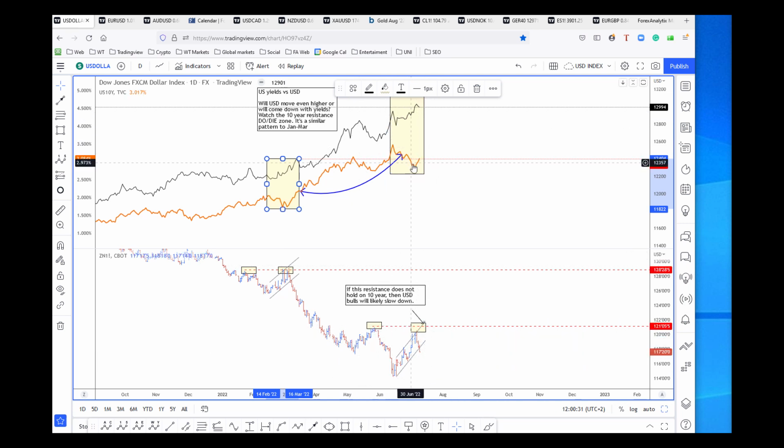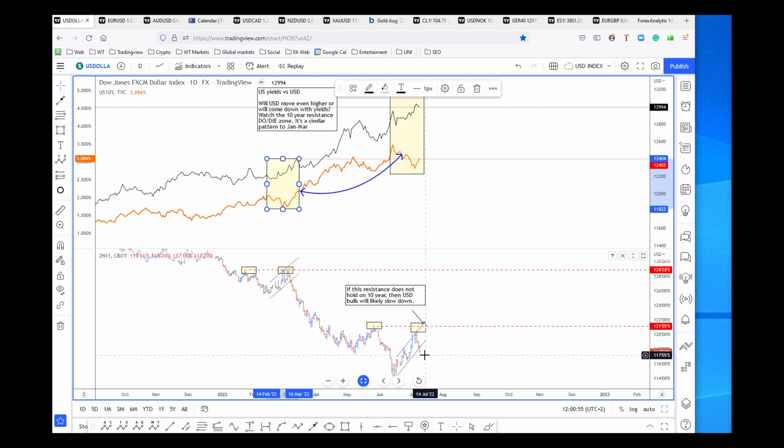You can again see price diverging between US yields and the US dollar, and the US notes actually stopped at this resistance. We are trying to break this channel, meaning that there can be more weakness on the US notes. So in other words, the US dollar can stay in the uptrend and the US yields can join this trend.